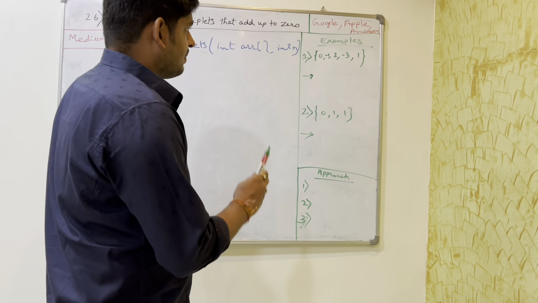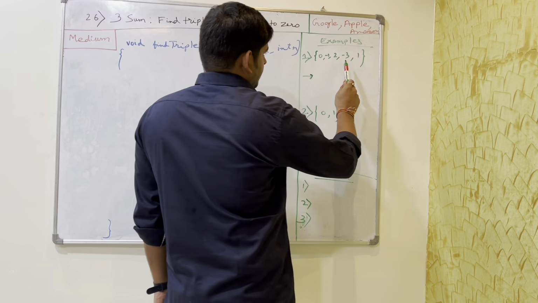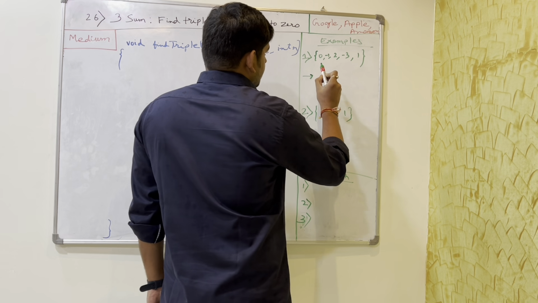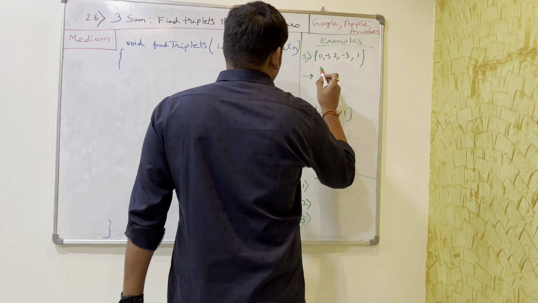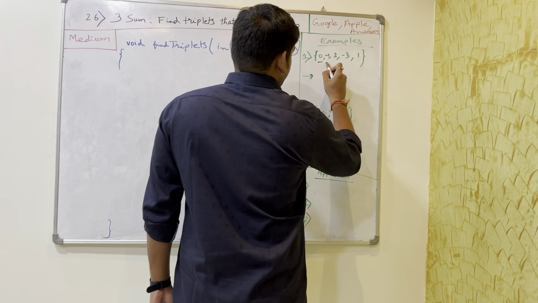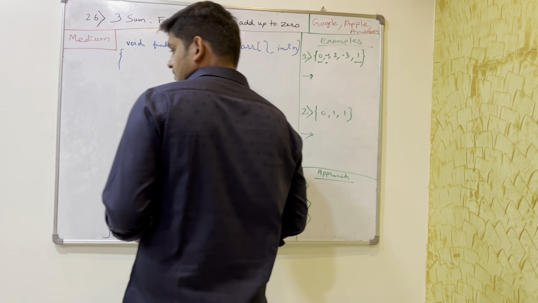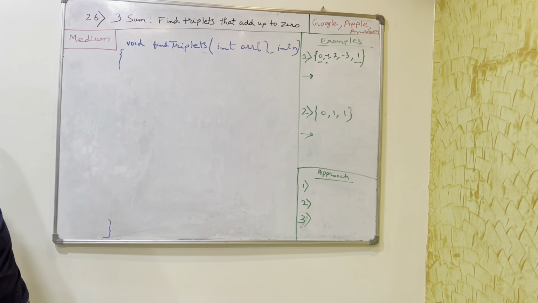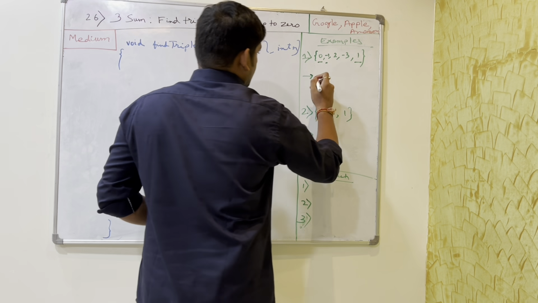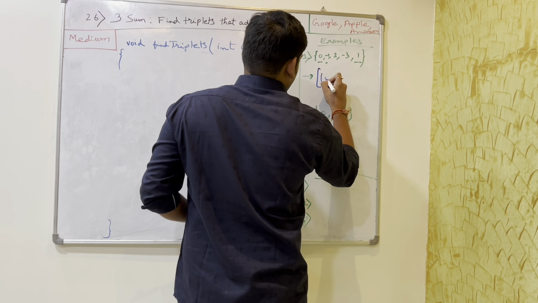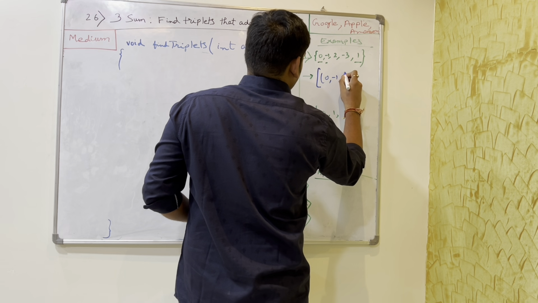For this example, the elements are 0, -1, 2, -3 and 1. If we take the sum of 0, -1 and 1, the sum will be equal to 0, right? So we have got one triplet: 0, -1 and 1.